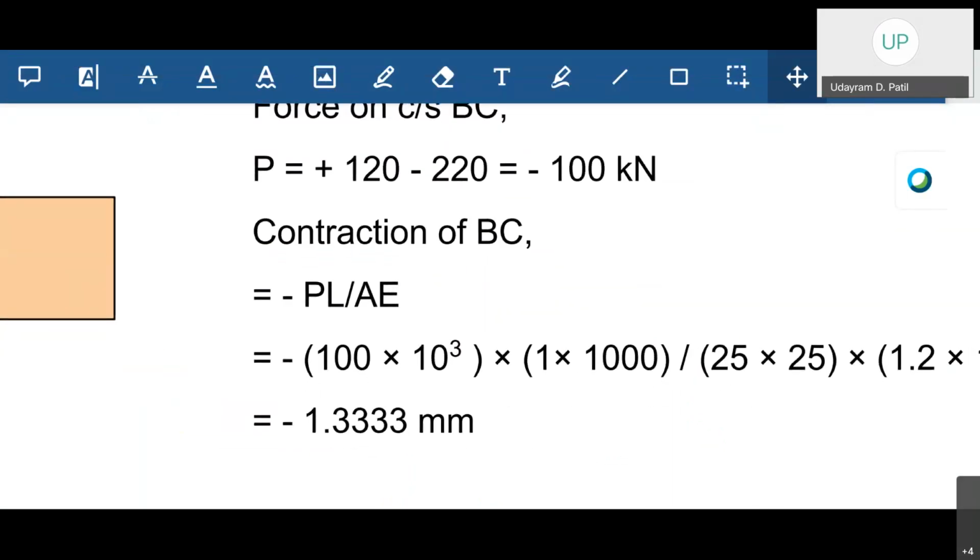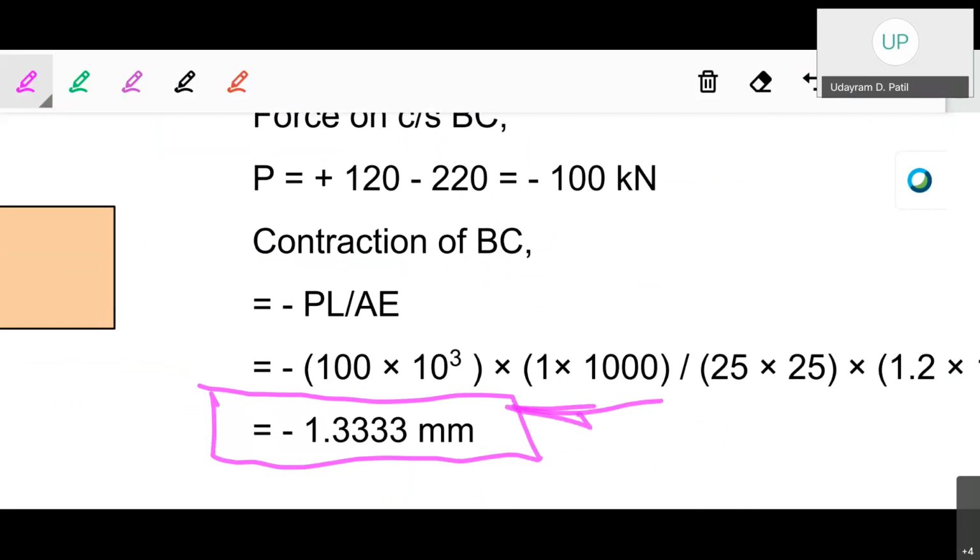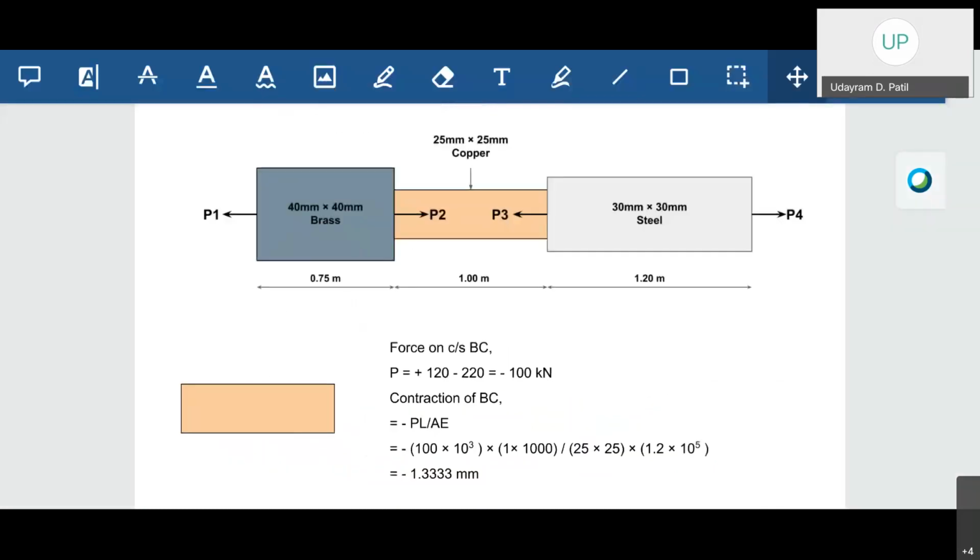That change in length is negative, meaning the section is contracting as the compressive force is there. So the value of delta L will be minus 1.333 mm.